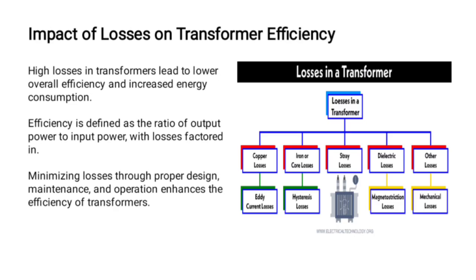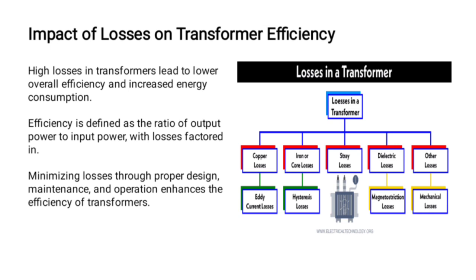Next, impact of losses on transformer efficiency. High losses in transformers lead to lower overall efficiency and increased energy consumption. Losses can also result in reduced efficiency as the resistance of the transformer winding increases, causing more energy to be lost as heat.